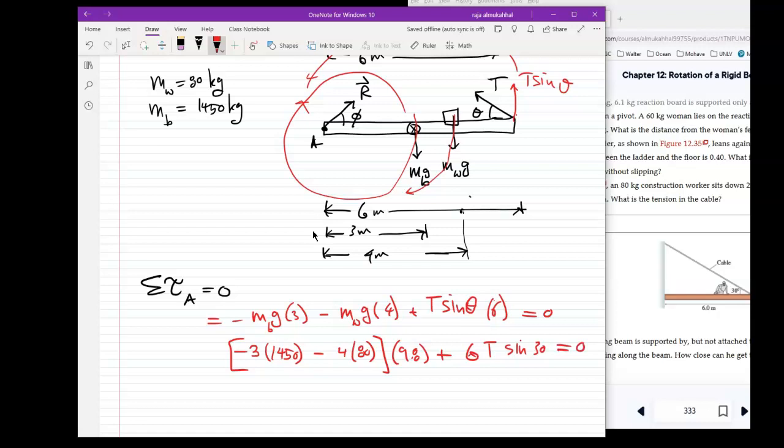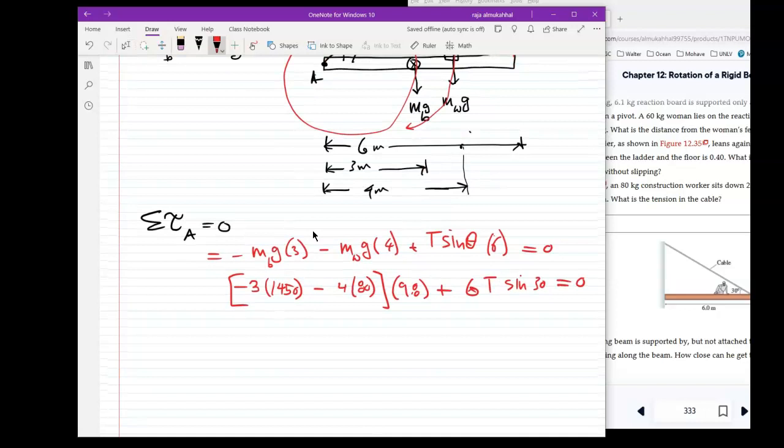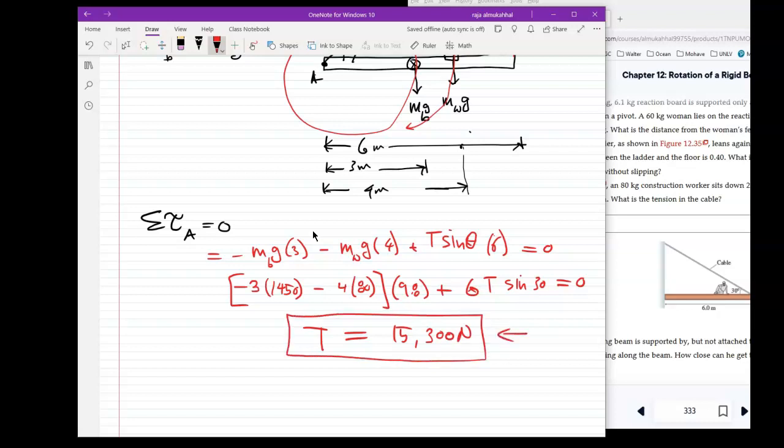And then all you need to do now is the simple algebra to solve for T. And when you work it out, you're going to end up with 15,300 Newton. That's the answer I got for this. Okay? I hope this is clear for you.